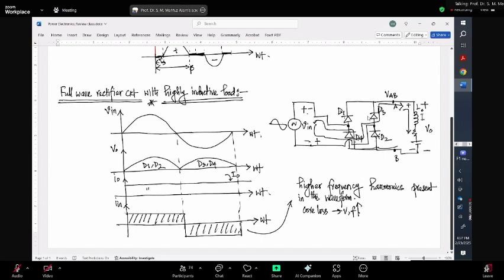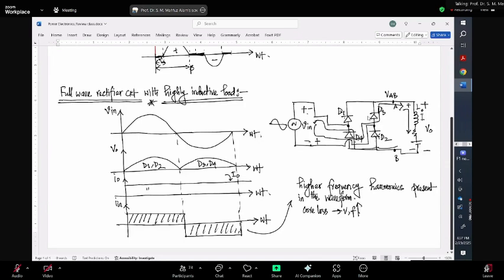So if the frequency content is higher, the transformer will feel more losses and it will get warm or heated. So that might reduce the total operational lifespan of the transformer.